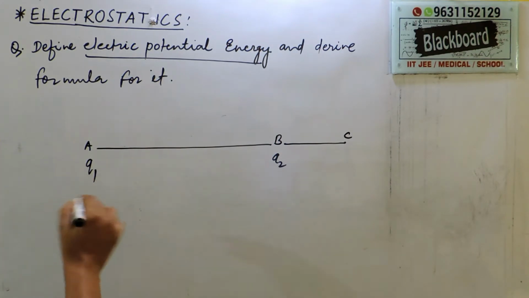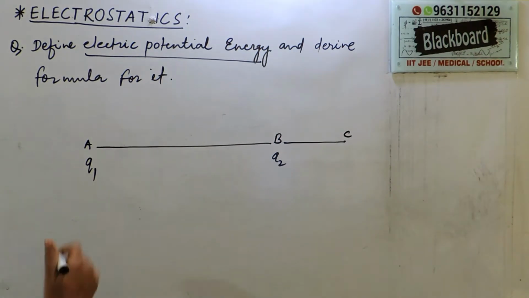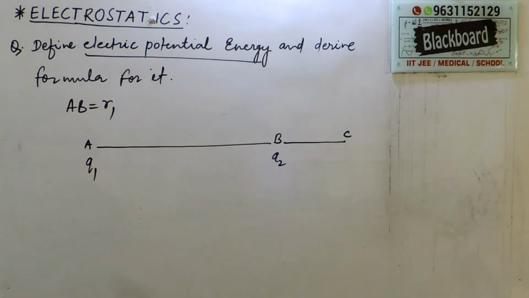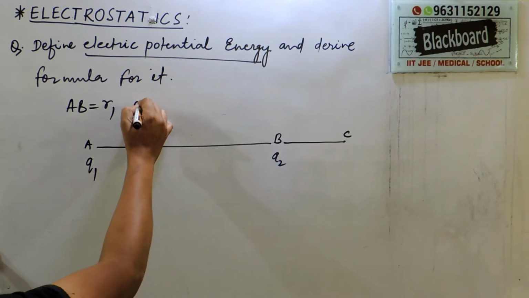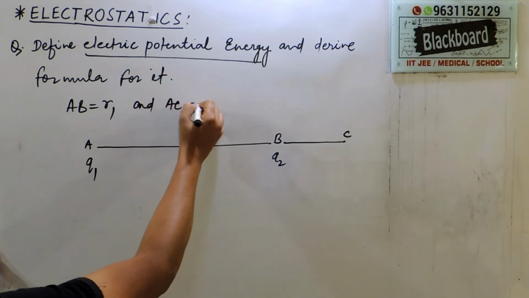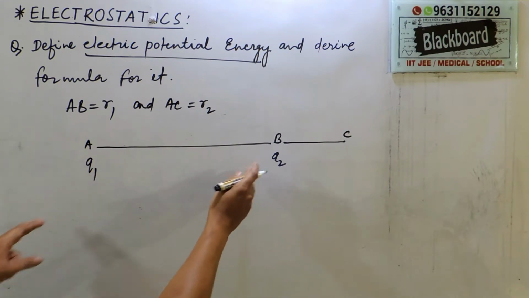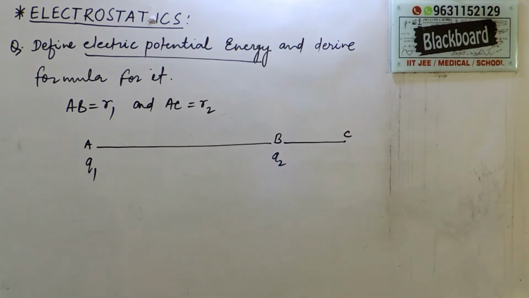AB is R1, that is, the distance AB is R1, and the distance AC is R2. That means from here to here the distance is R1 and this distance is R2.